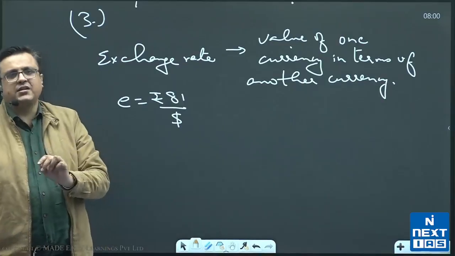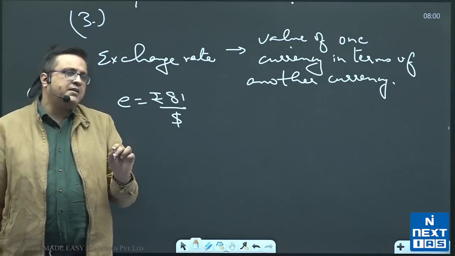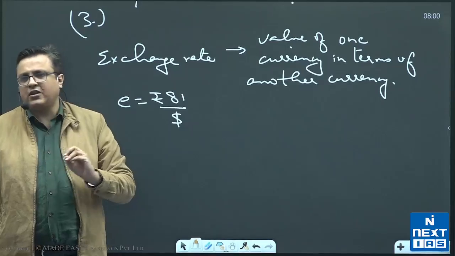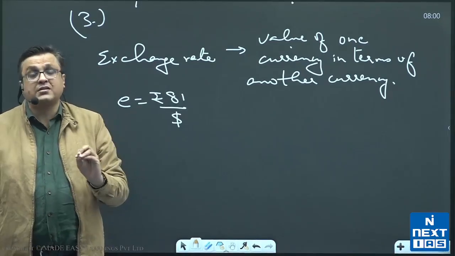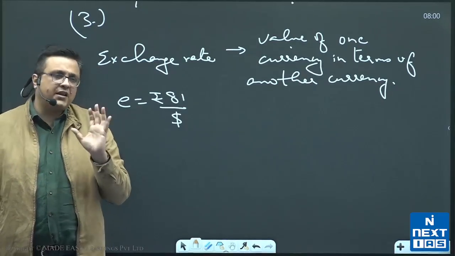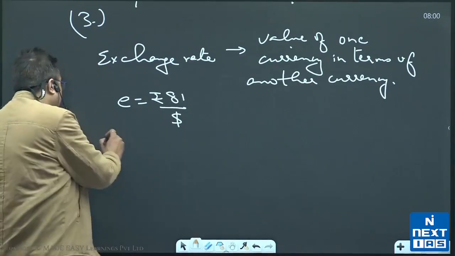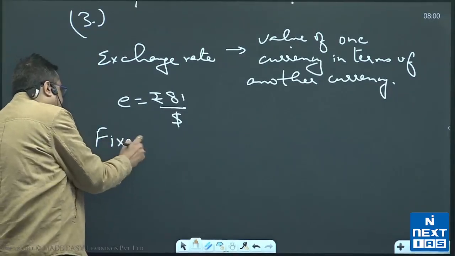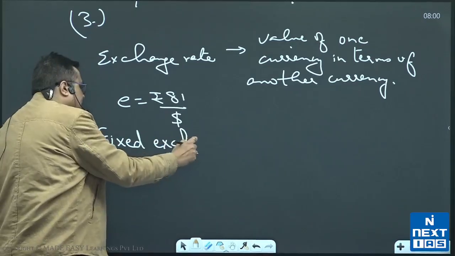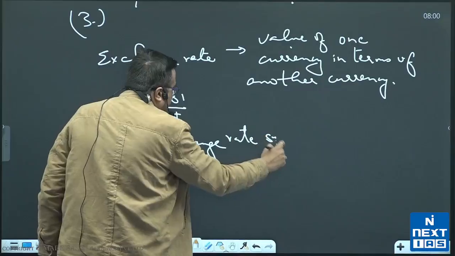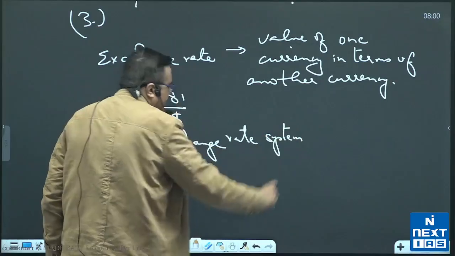This exchange rate can be fixed by the central bank of the country, and they will fix it on their own volition. Whatever the central bank feels is the right exchange rate, they will fix it, that is called fixed exchange rate. So whenever someone tells us that a country has fixed exchange rate system, this used to be very popular between 1945 and 1972 globally.